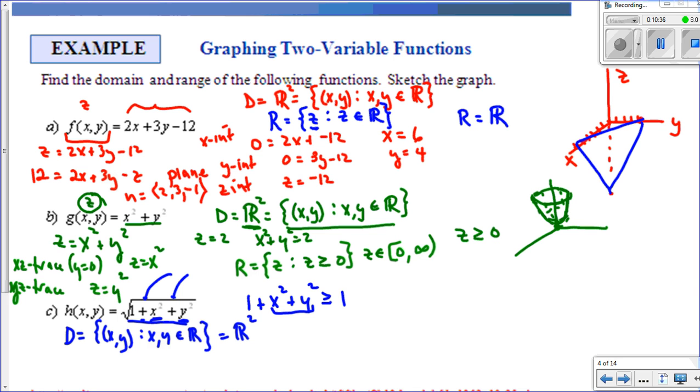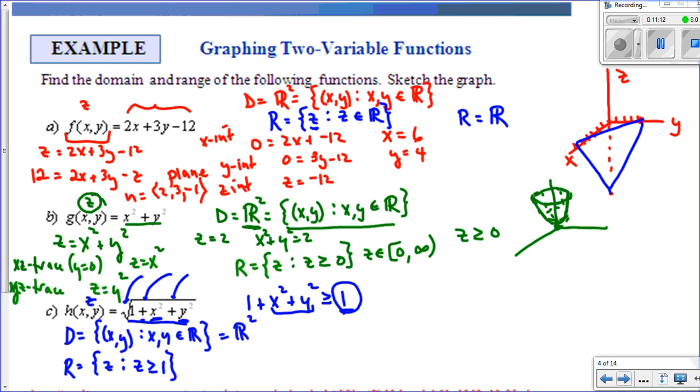The range, what possible z values can we get here? z is the square root of 1 plus x squared plus y squared, but we know that that's greater than or equal to 1. And we can see that z is always positive since there's a positive number in front of the radical, and we know radicals are always defined to be positive. So the only possible z values will be greater than or equal to the square root of 1. So we know that the range is the set of all z's so that z is greater than or equal to 1.